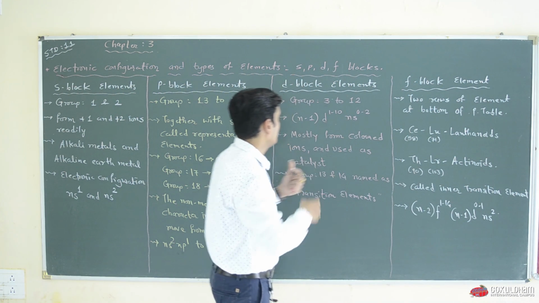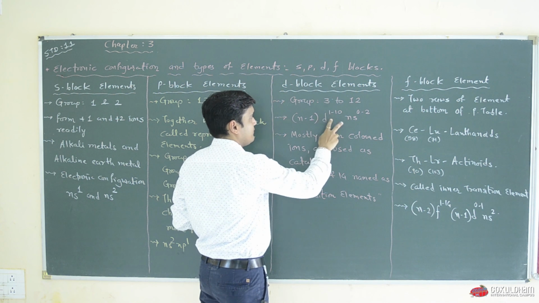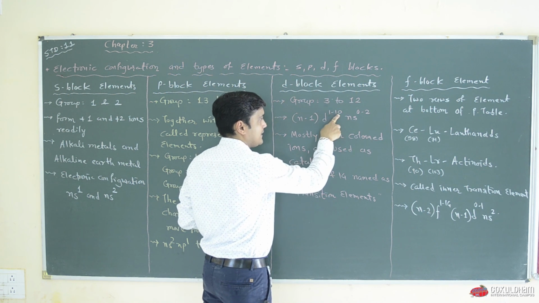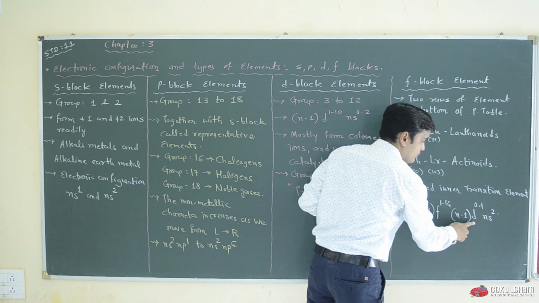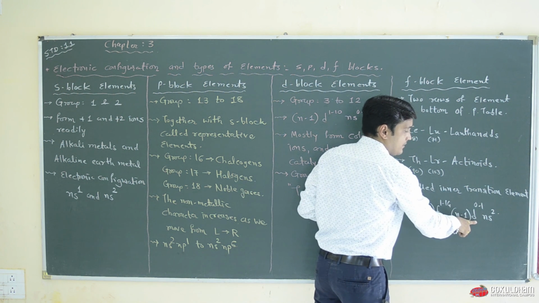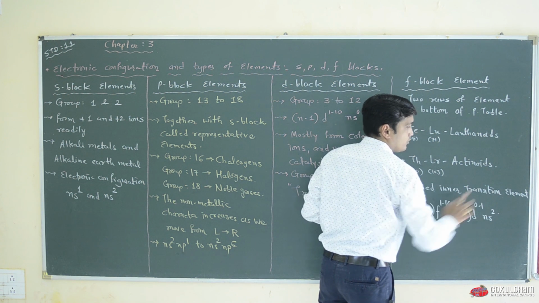See, in d block elements you can fill 1 to 10 electrons, but in f block elements you can fill only 1 electron maximum in d, and ns2.